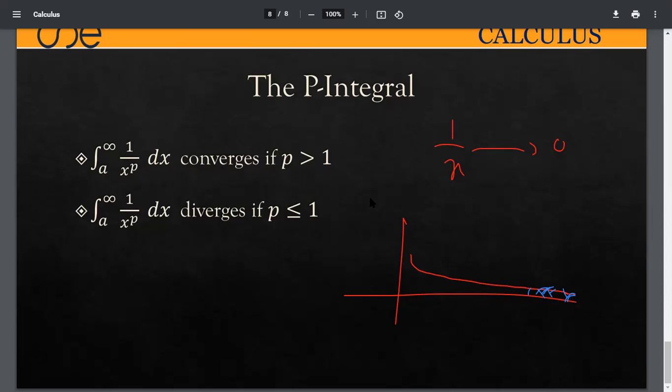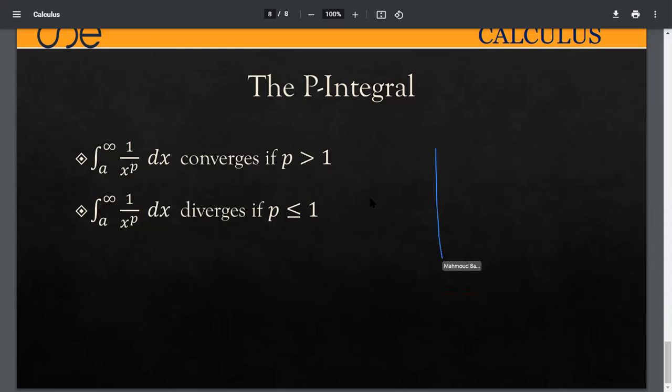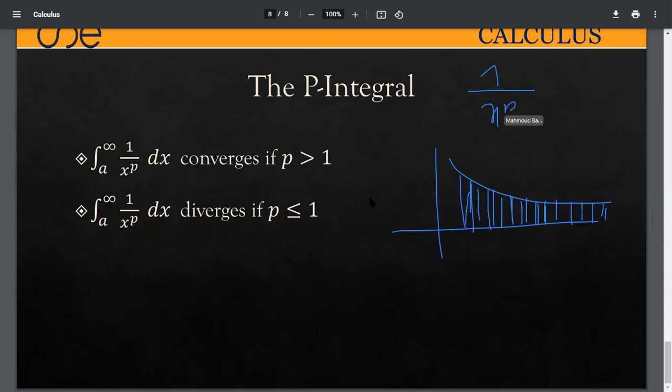You know that the area is nothing but blocks, so I can divide it into small blocks. So the function 1 over x, or any function 1 over x to the power p, such that p is less than 1.